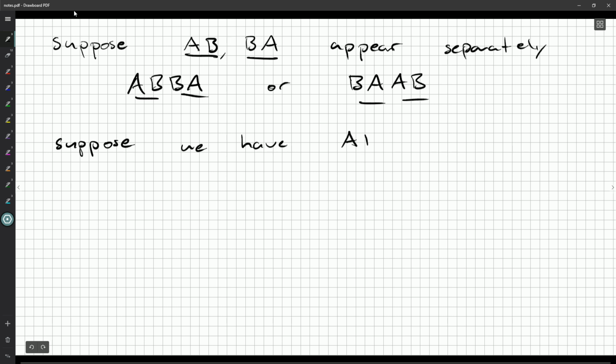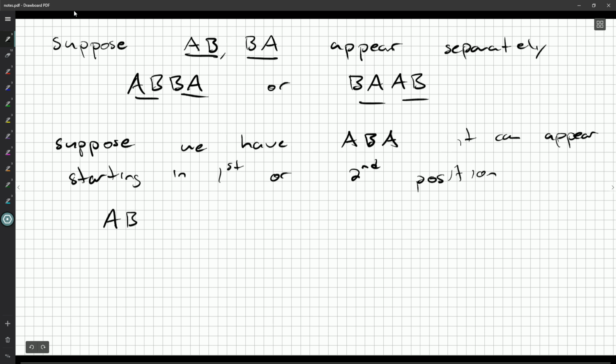Now instead, suppose we have AB and then A, which is the one that they suggest. It can appear, let's say, starting in the first or second position. A, B, A, and then we'll have another character, or we have a first character and then A, B, A. Alright, so what could we have?